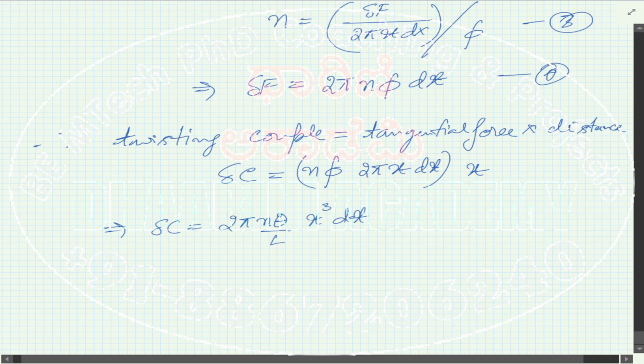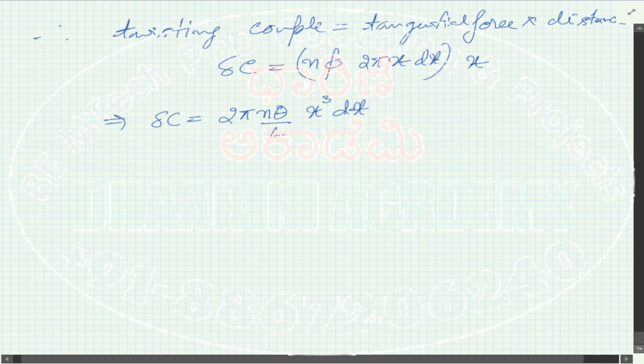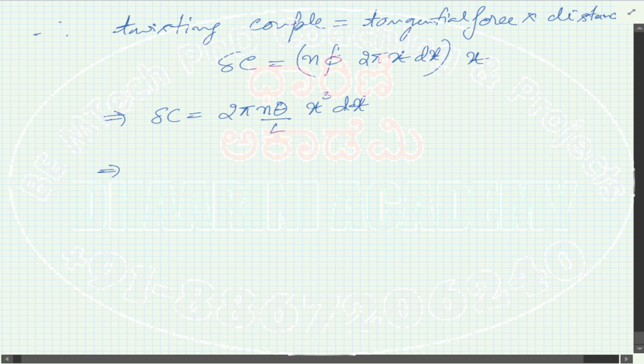This is the term I am going to get. Now how to get the couple? The couple is denoted by C. I have to perform the integration. I take out the constants 2 pi n theta divided by L and integrate from 0 to R, where capital R is the radius, of x cube dx.